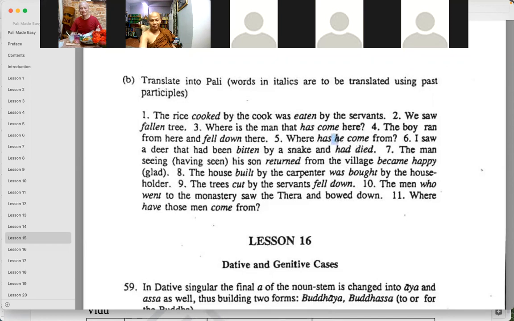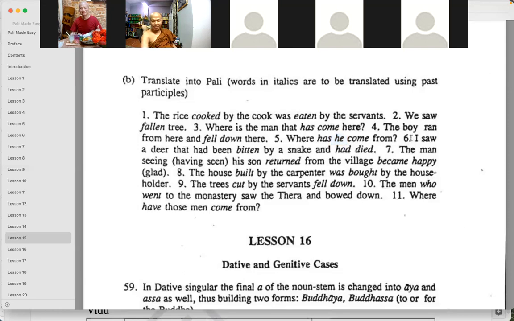Bante, I will try. Where has he come from? Where from, kuto. He has come, so agato hoti. So kuto so agato hoti. Kuto, right? So agato hoti. Of course, right. You're right. Thank you, Bante. Kuto so agato hoti. Oh, great.